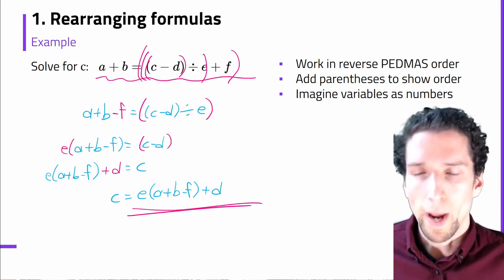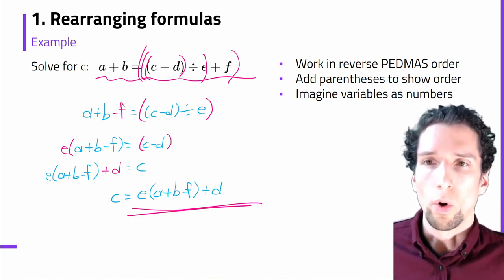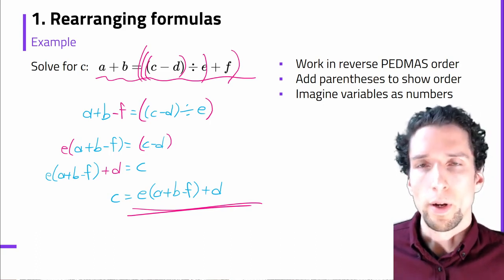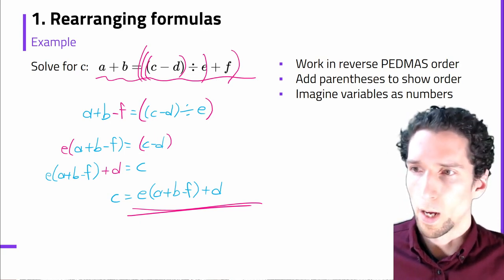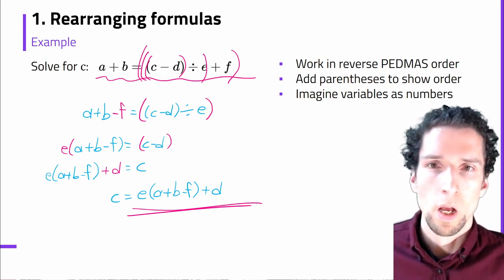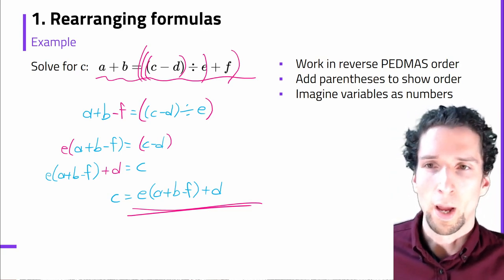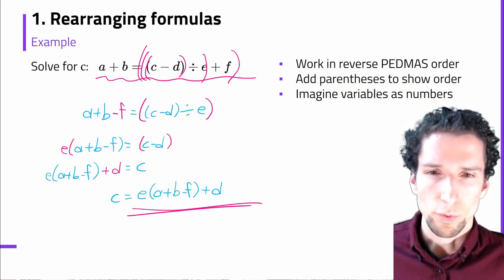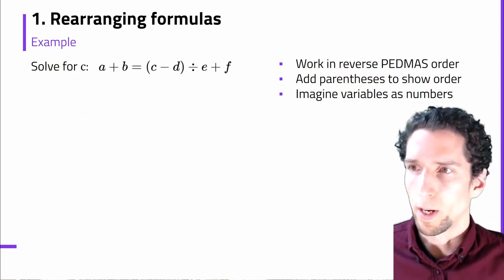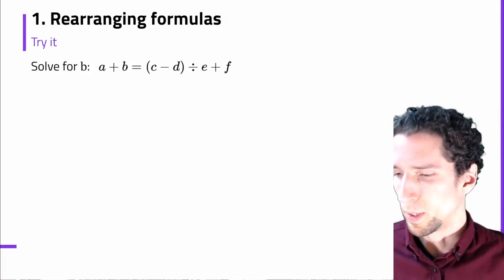So writing out these brackets or imagining your variables as numbers or doing your reverse order of operations, all of those are useful techniques here. I've just done the brackets version, just so we're not here in this video forever. I won't repeat the question with the other types. But I can do that with the next example. Actually, maybe not, this one's pretty simple.